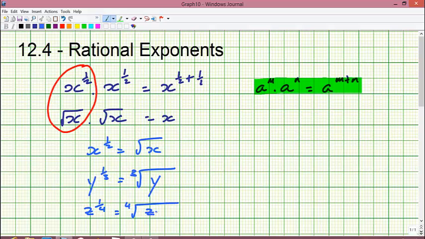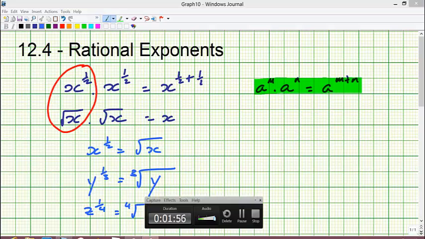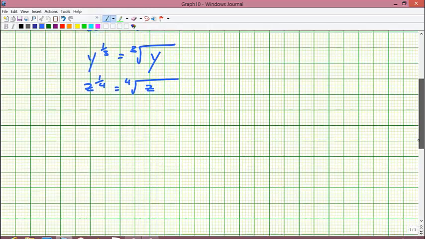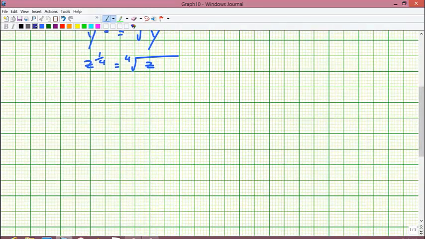Okay? Now, these things can be combined, so let's look at a situation like this. Y to the power of a half cubed. Now, again, we need to remind ourselves of the rules of exponents, which applies here.